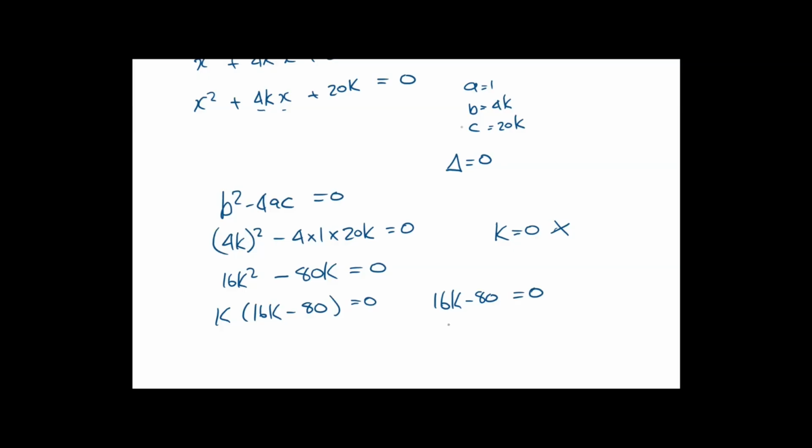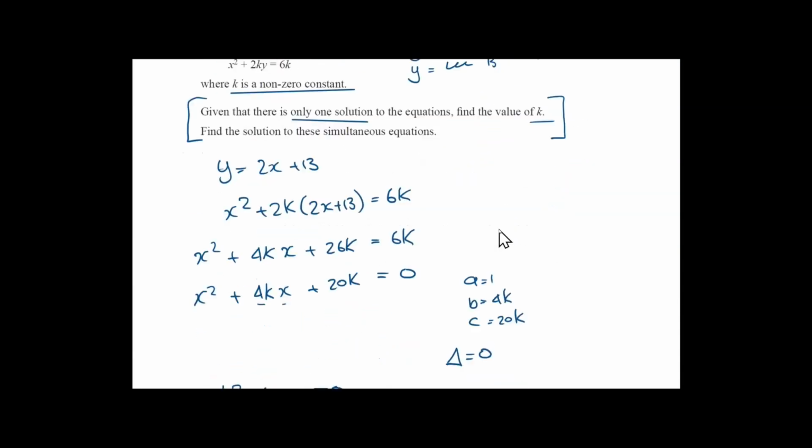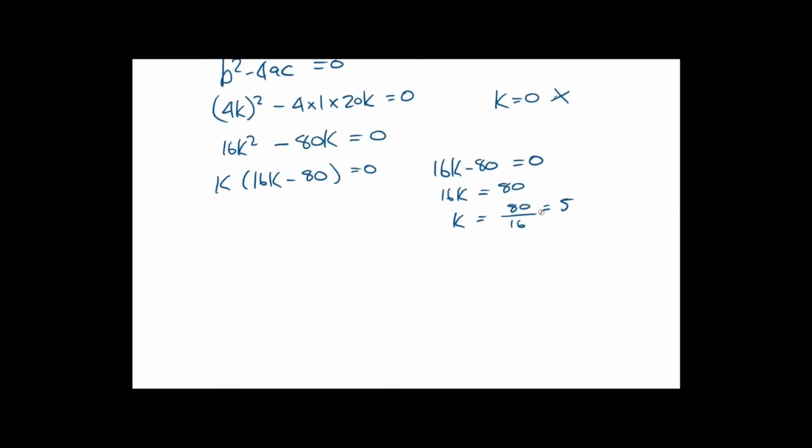And I'm going to add 80 to both sides. And k is going to be equal to 80 over 16, which is 5. K is 5. And maybe you could test it. I probably wouldn't.